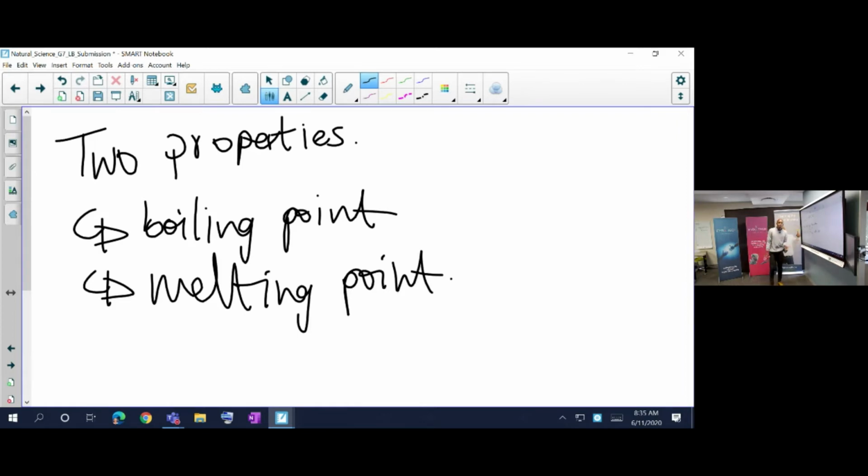These two are very important when you're looking at properties of materials in science.